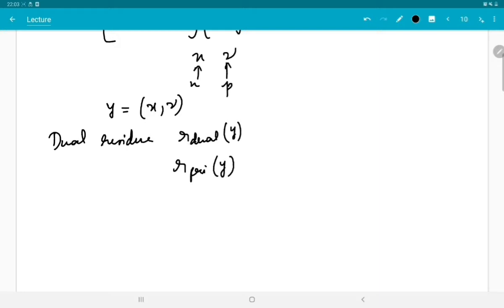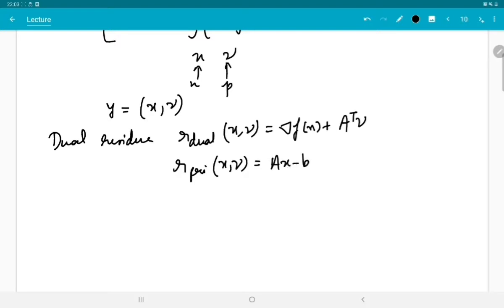So R dual is a function defined as follows. Instead of writing y, we can write x and nu. R dual is defined as del f of x plus A transpose nu. R primal of x, nu is defined as Ax minus b. Now this totally makes sense, because if we reach the optimal point, we have x star and nu star, and nu star is w.